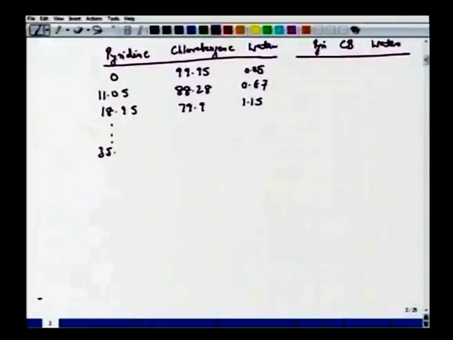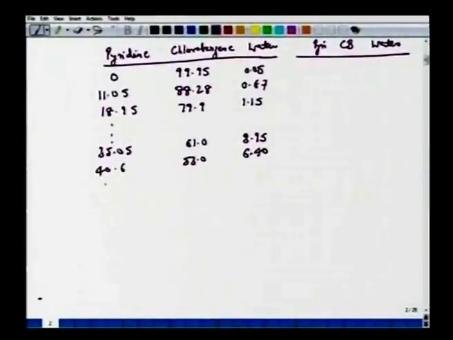Let's note down 35.05, 61.0, 3.95, 40.6, 53.0, 6.40, and we have 49.0, 37.8, 13.2. Okay. So looking at this data, the amount of chlorobenzene here is larger.